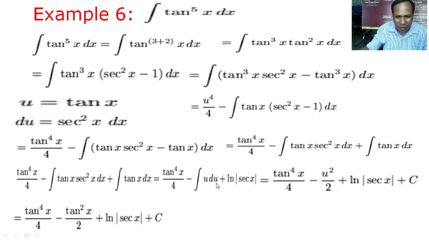So this becomes integral of u du plus integration of tan x, which we know is log sec x. So it is tan to the power 4 x by 4 minus u square by 2 plus log sec x plus constant. Now substituting the value of u, it becomes tan to the power 4 x by 4 minus tan square x by 2 plus log sec x plus constant.